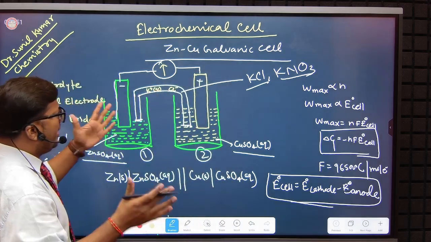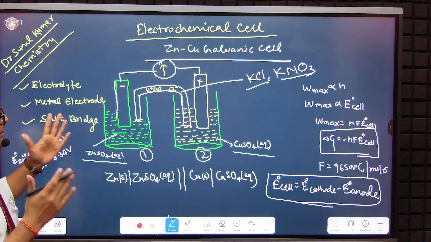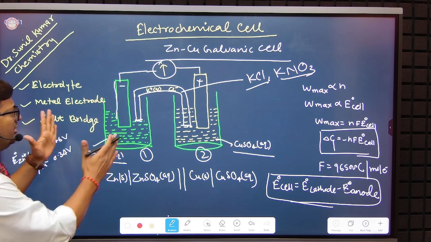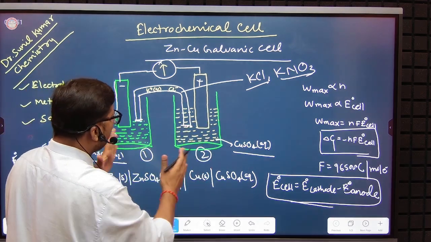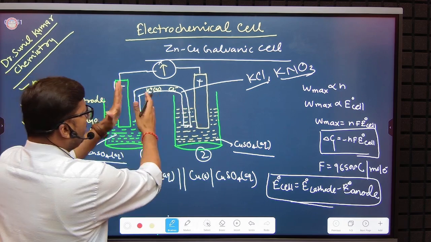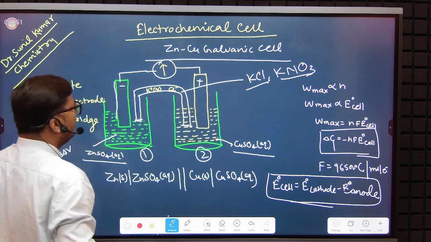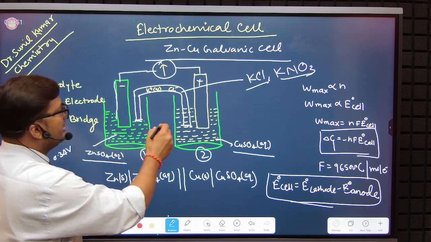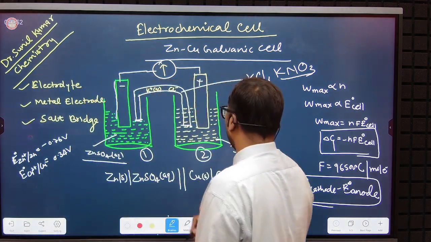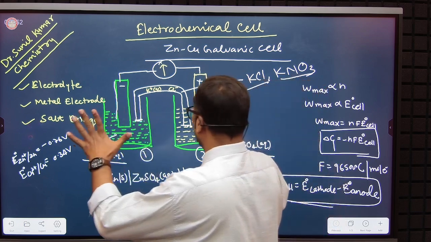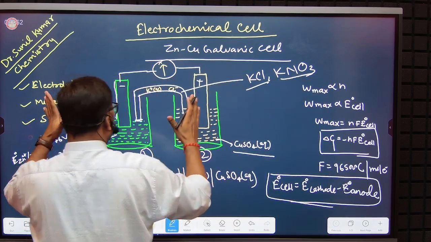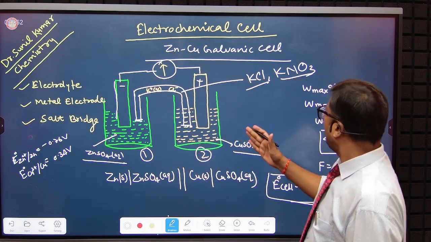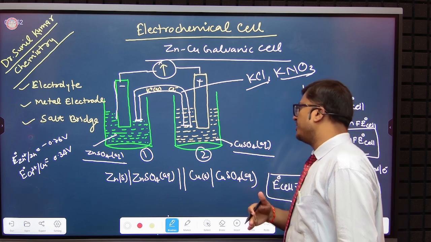The main function of this salt bridge is to connect these two containers and these two metallic plates. The first metallic plate is zinc and the second is copper, right? Both these plates are dipped in the aqueous solution of their salts, that is the electrolyte, right?